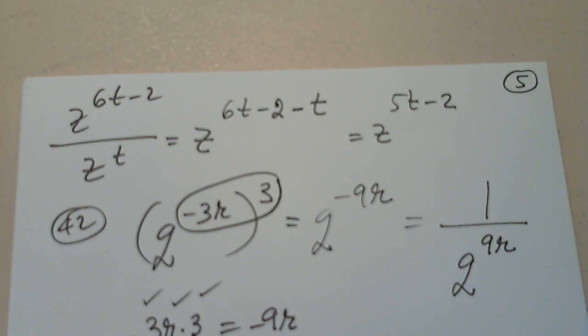The distributive law must involve addition or subtraction and multiplication, but that's not the case here. We're not adding terms, we're not distributing. These are just 3 factors. Is that okay? Yes. Perfect.